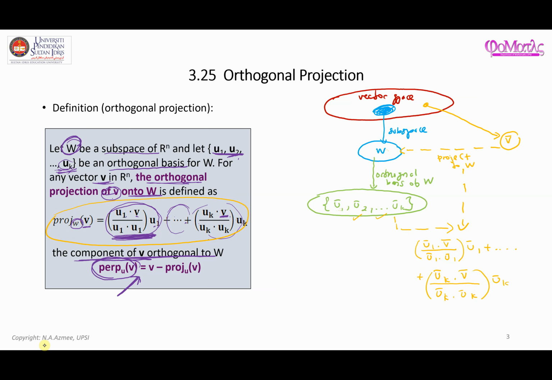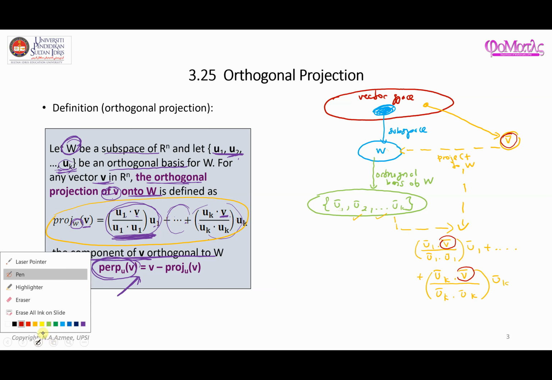So I hope you can notice that the projection of vector v, this is what we are looking for, appears here, and the rest comes straight from the orthogonal basis.